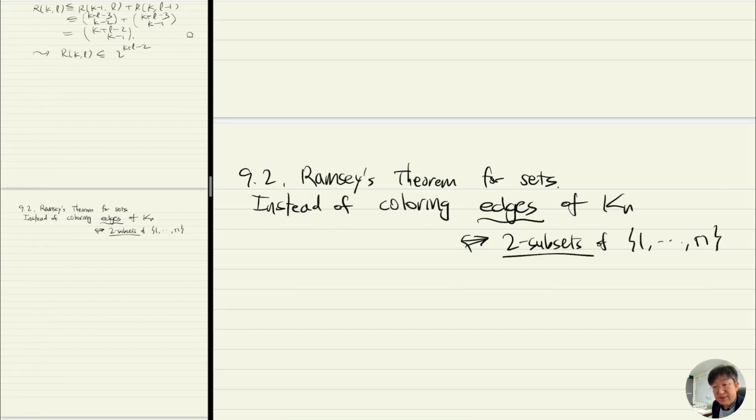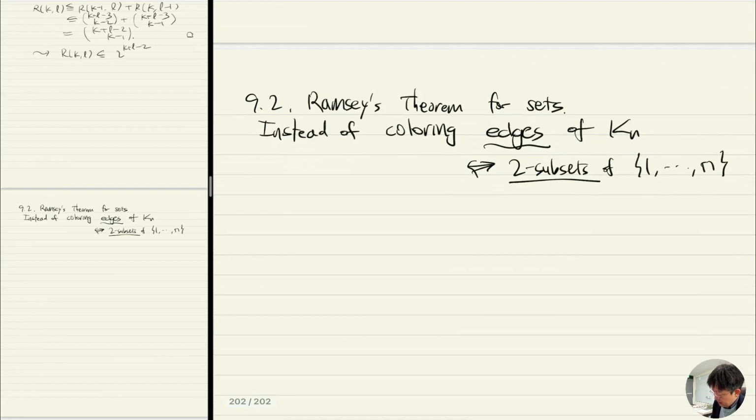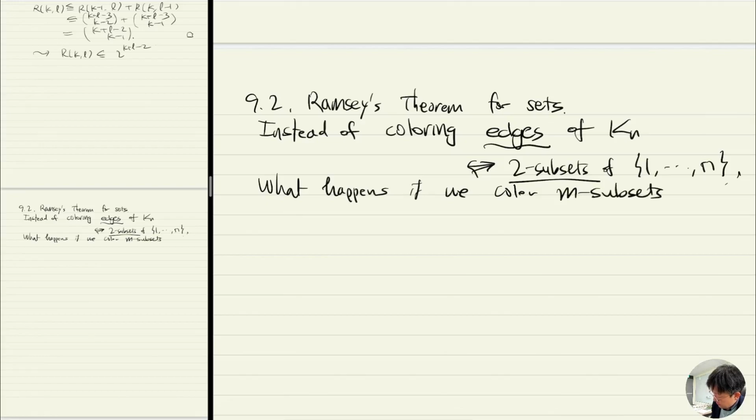So when I say 2-subsets, that means subsets of size 2. What happens if we color M-subsets? Can you still say something?